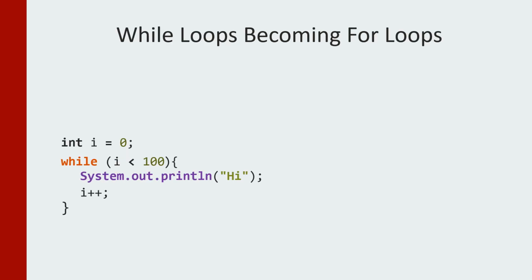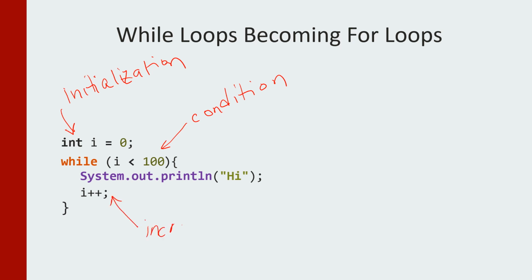Now, previously, we have talked about while loops. With while loops, we had this initialization outside the loop. The condition was inside the parentheses of the while loop, and then the increment was inside the loop body.